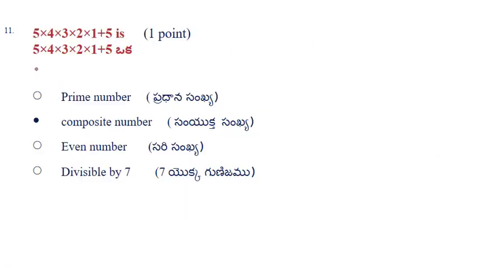Here, 5 into 4 into 3 into 2 into 1 plus 5 is dash. Let us see. If we make 5 common, so 4 into 3 into 2 into 1 plus 1, that equals 5 into, 4 3s are 12, 12 2s are 24, 24 1s are 24, 24 plus 1 is 25.